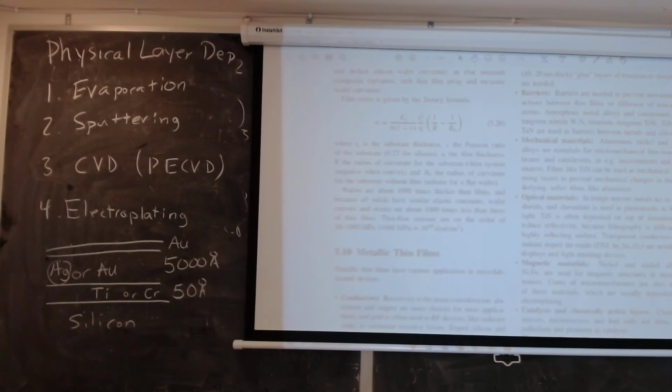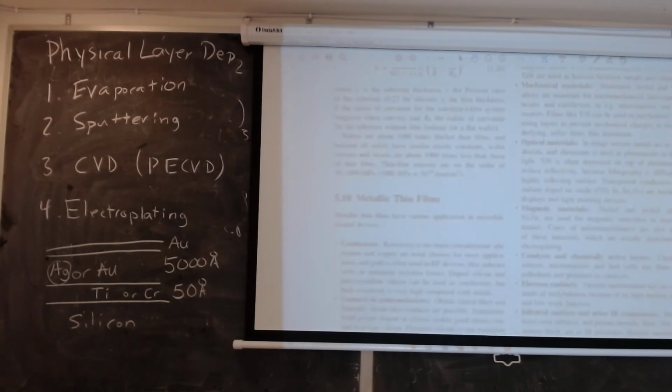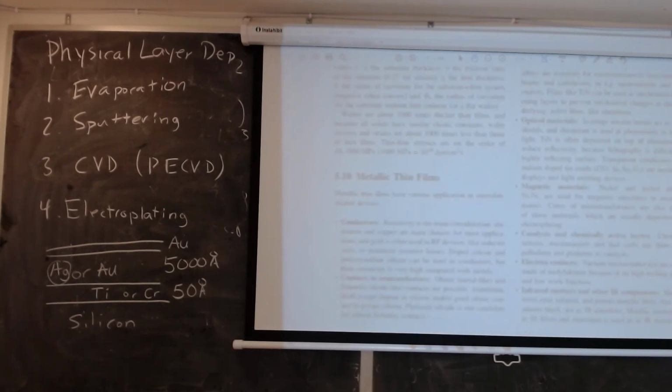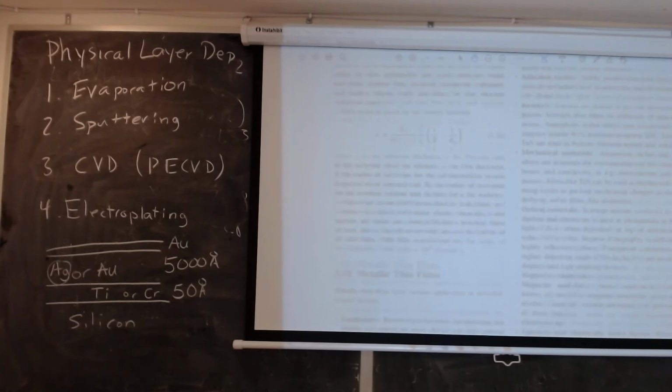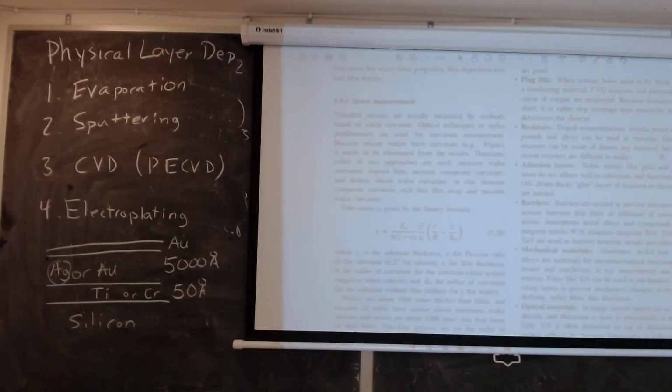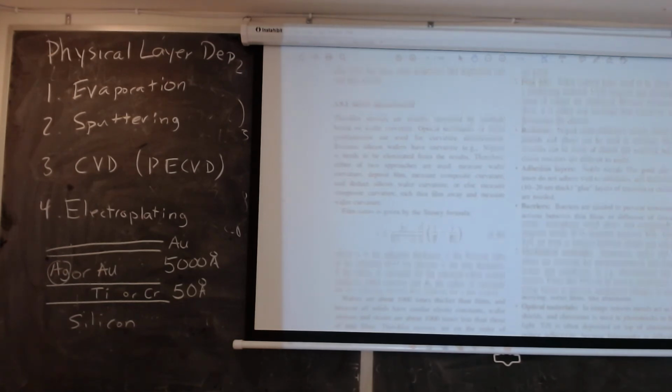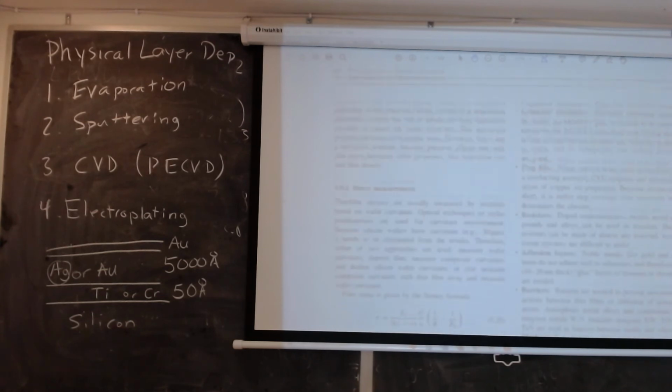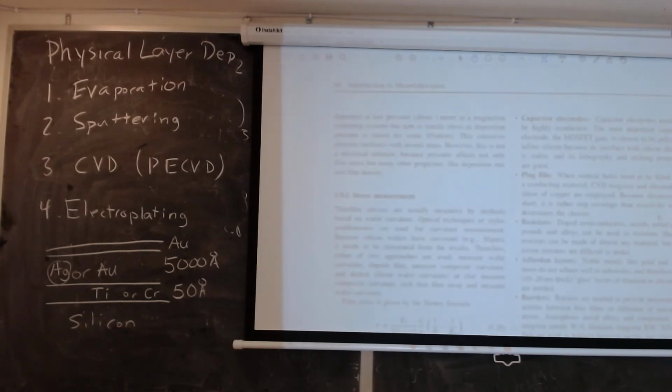All right, and he has a discussion about different kinds of metal thin films. Here he talks about adhesion layers. But I guess I didn't need to go up to 7.5.